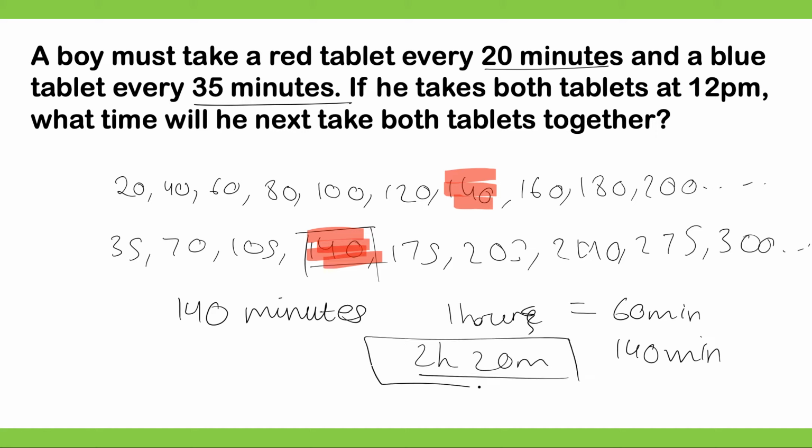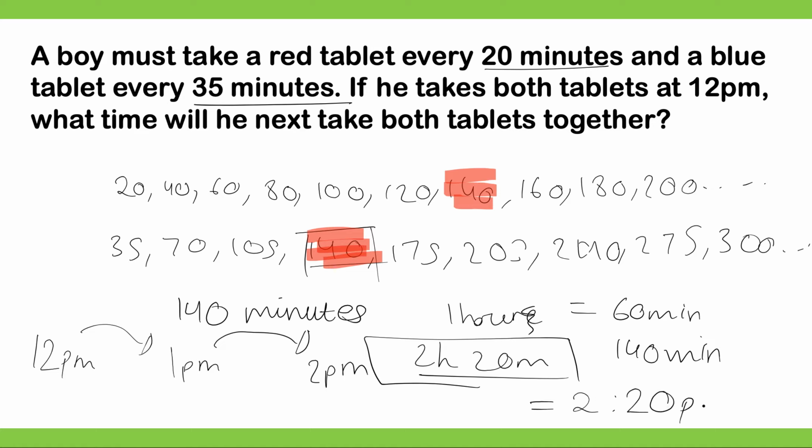So we need to work out 2 hours 20 minutes after 12 o'clock. From 12 p.m. we would have 1 p.m. as 1 hour, 2 hours to 2 p.m. and then we would have 20 minutes. So our final answer would be 2:20 p.m. That's the time that the boy would need to take both the tablets.